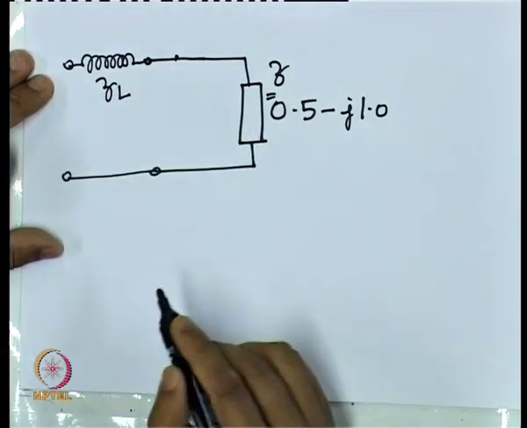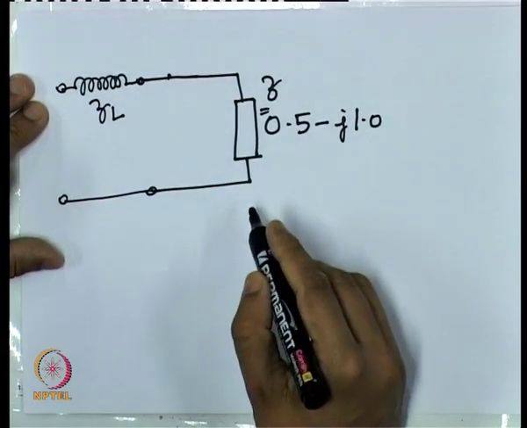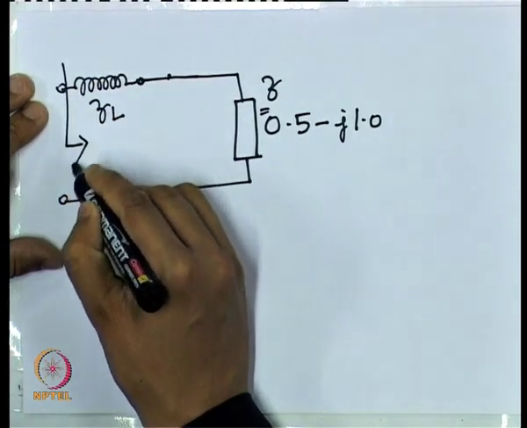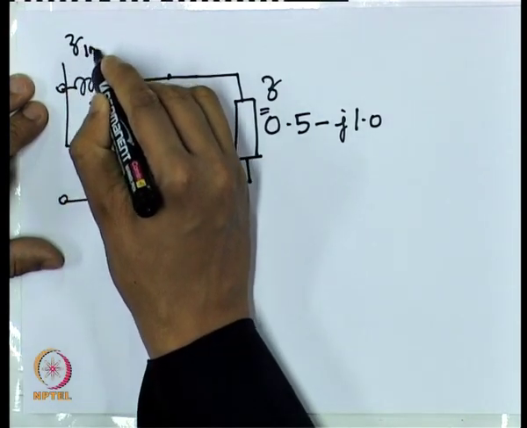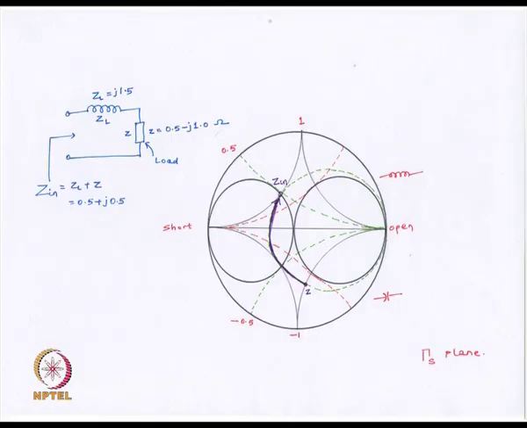So how does the input impedance change? This point here represents our impedance z given by 0.5 minus j 1.0, and we have connected an inductor in series with this impedance as shown.